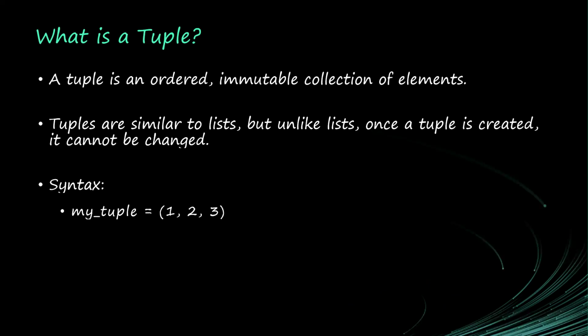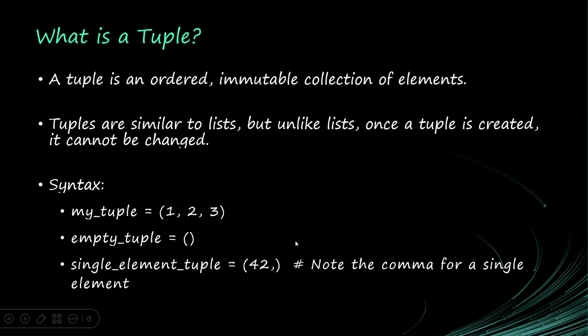You can also create an empty tuple, when you don't have anything inside, so you can add things later. You can also create a single-element tuple. So let's go to code. Let me show you how you create a collection of elements in a tuple, an empty tuple, and a single-element tuple.